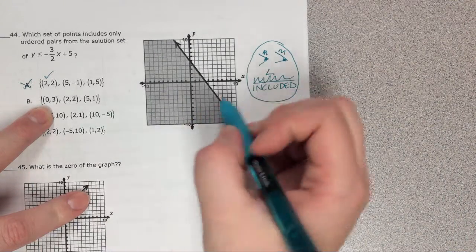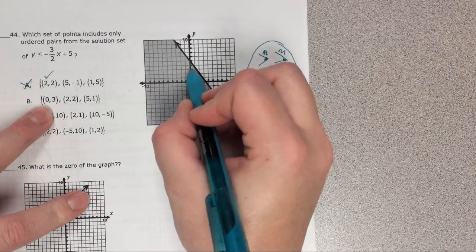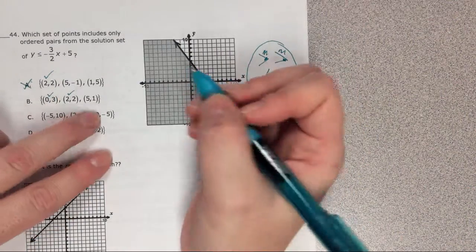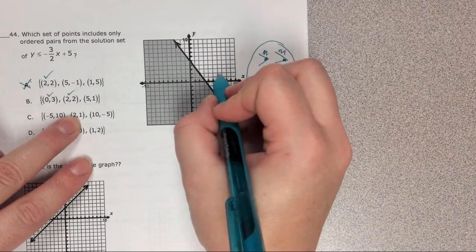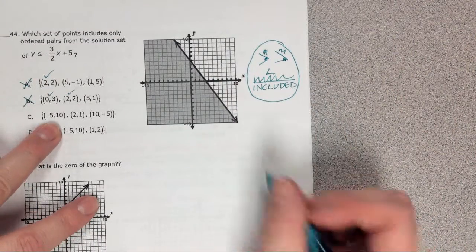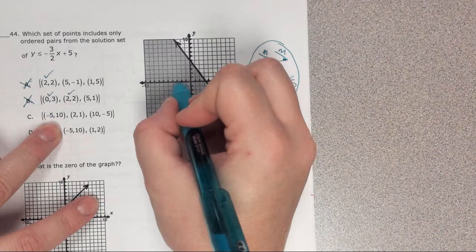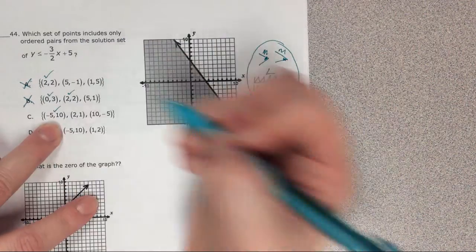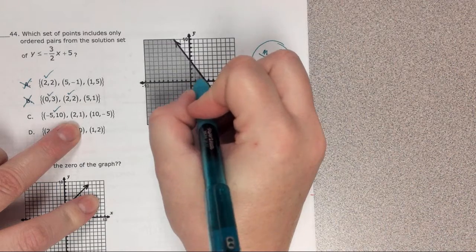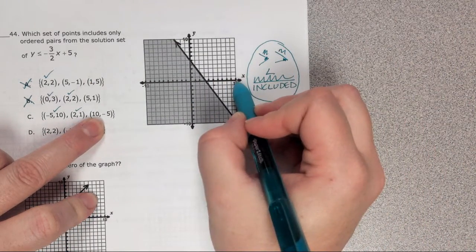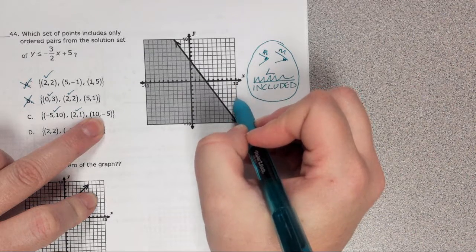Let's look at B. (0, 3), that's in there. (2, 2), that's in there. (5, 1), again, not in the shaded area. Next, (-5, 10): 1, 2, 3, 4, 5, 10, in the shaded area. (2, 1), in the shaded area. (10, -5): 1, 2, 3, 4, 5.